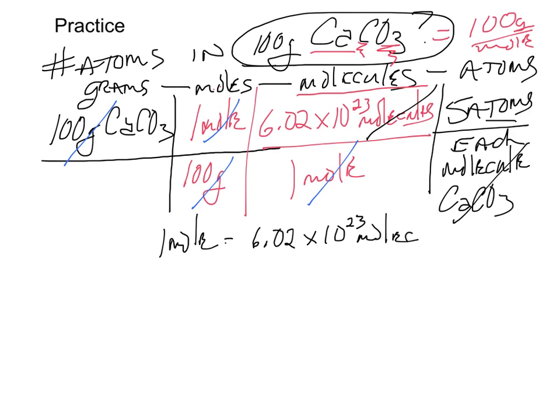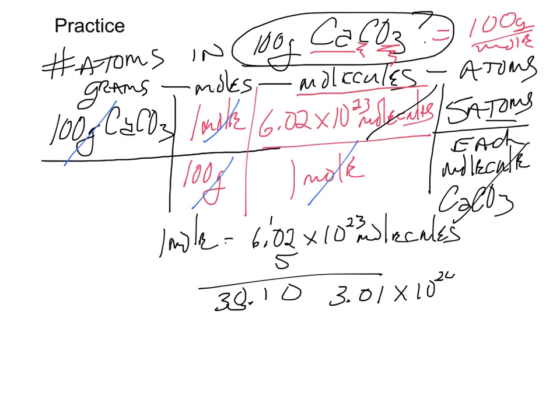I need to multiply that by 5. That gives me 3.01 times 10 to the 24th atoms.